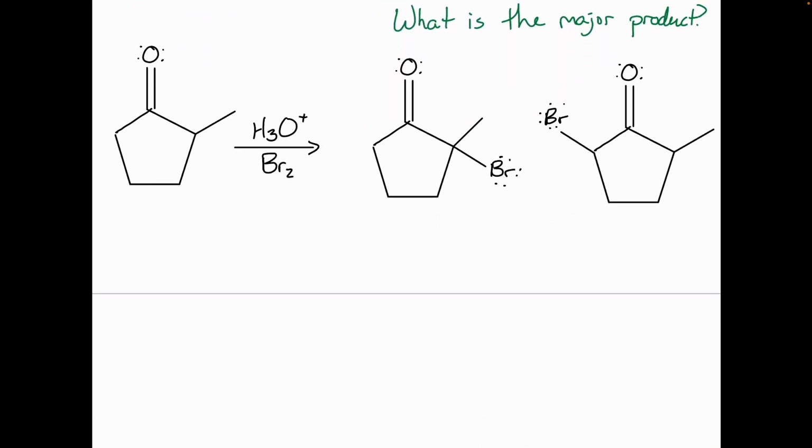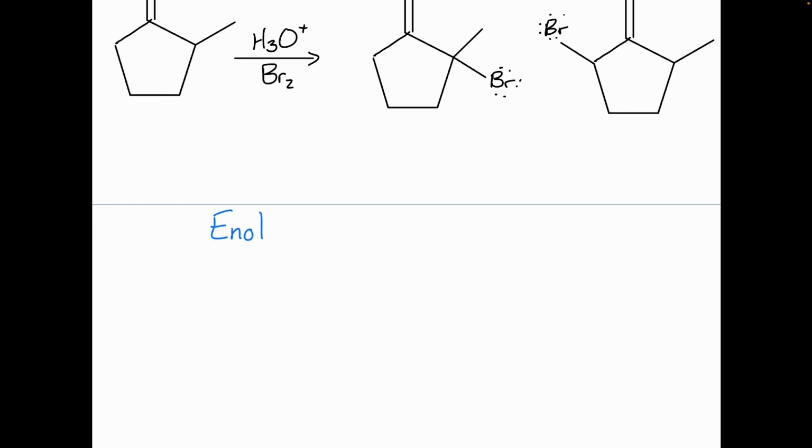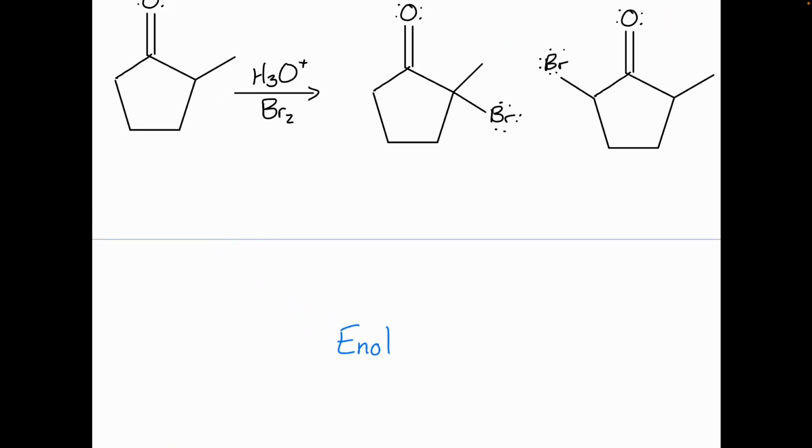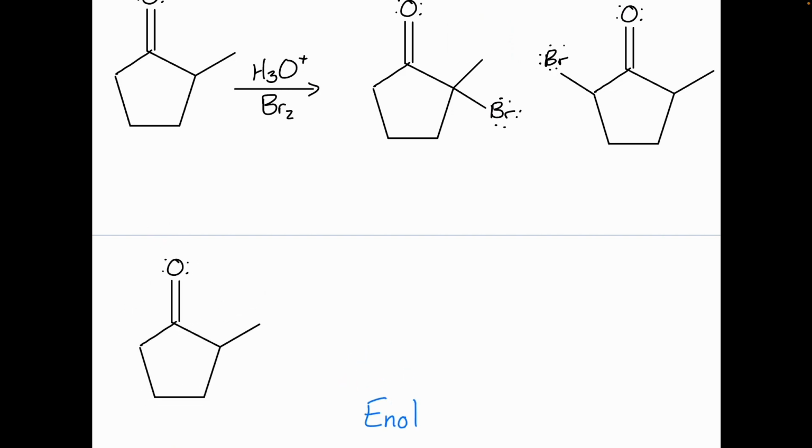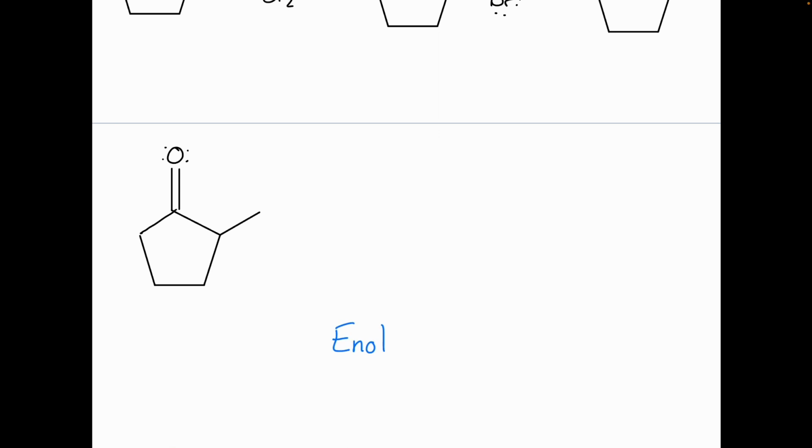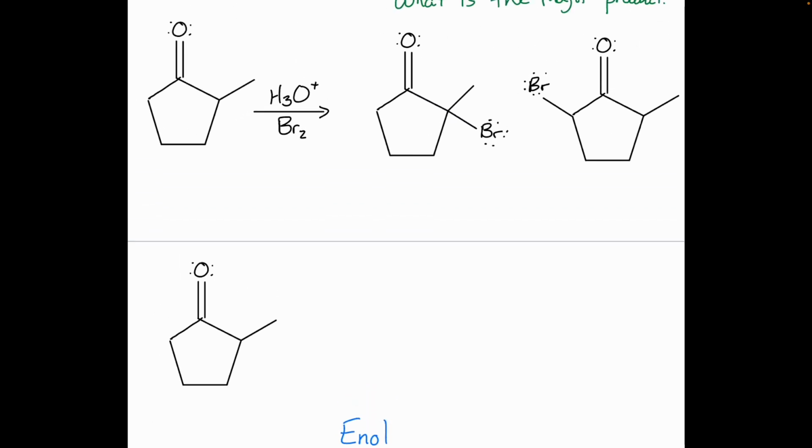So let's take a second. We've got two possible enols that we can draw from this particular ketone. So here's my ketone, see if you can give me my two enols that we would get under acidic conditions.